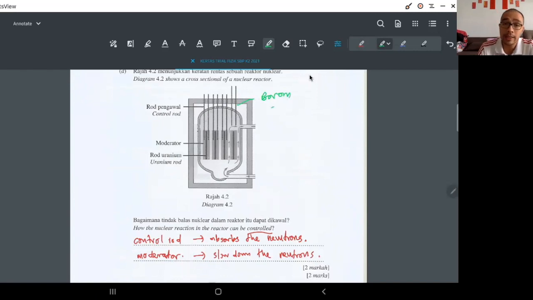In case they ask what are the materials that are suitable for control rod and for moderator. Control rod will be boron and cadmium, and moderator will be graphite. But the function of the moderator is to slow down the neutrons, and the function of the control rod is to control the number of neutrons by absorbing the extra neutrons.